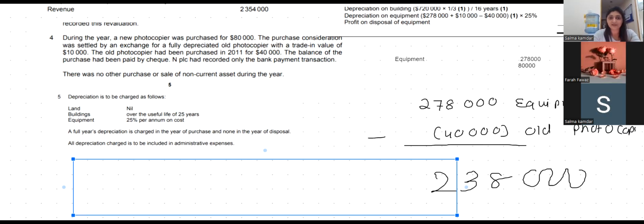Okay, fine. So 10,000 would become the cost. 10,000 would become the cost. So the depreciation on equipment would be how much? 278,000 plus 10,000 minus 40,000.